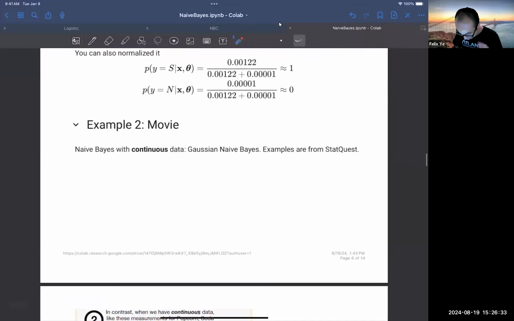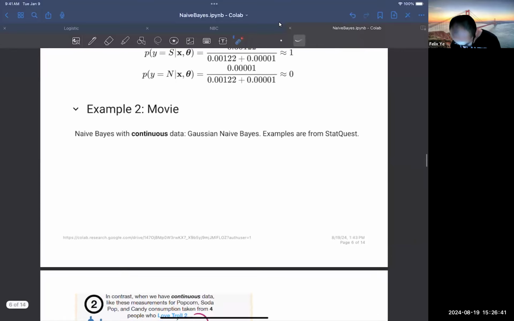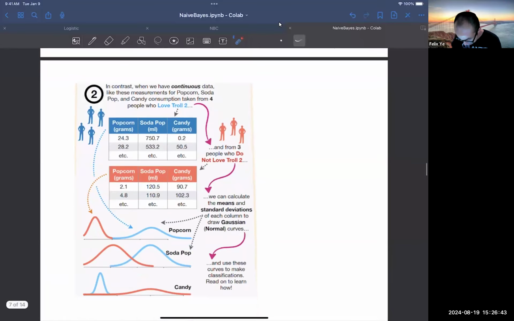Okay, here is another example, which is a Gaussian naive Bayes. This is also very interesting data. We want to work with continuous data. For example, we have a measurement of popcorn, a measurement of soda, and a measurement of candy.